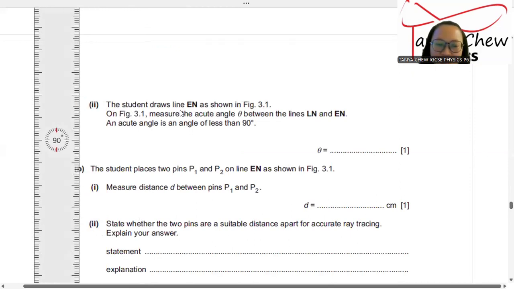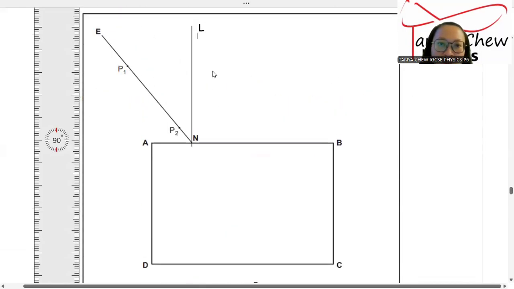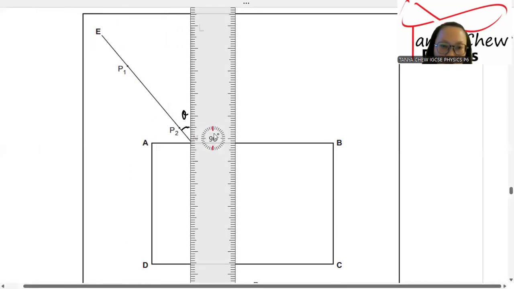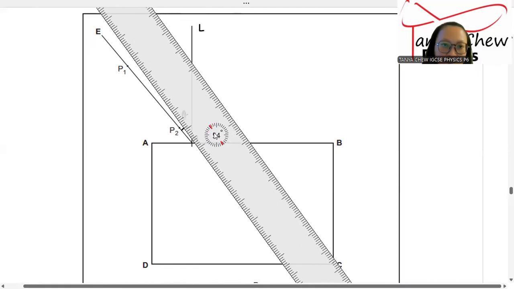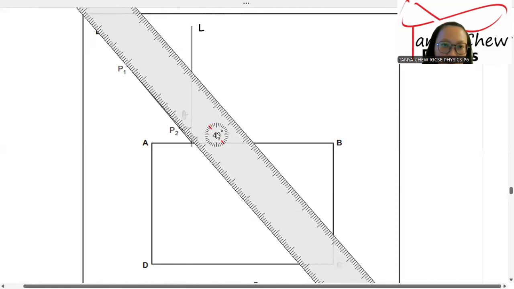the student draws line EN as shown in Fig 3.1. On Fig 3.1, measure the acute angle theta between lines LN and EN. Where is LN? This is LN, this is EN. So you have to measure this theta. Right, so I put a protractor. Look at my protractor.